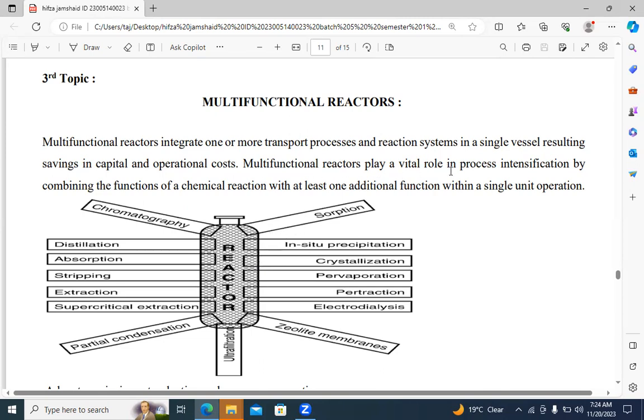Multifunctional processes also help in intensification by combining the function of chemical reaction. It means different processes occur there, with a reduction in cost. Basically, what is process intensification? It is a strategy of reducing the size of a chemical plant to achieve a given product.